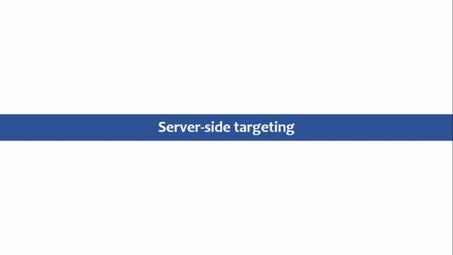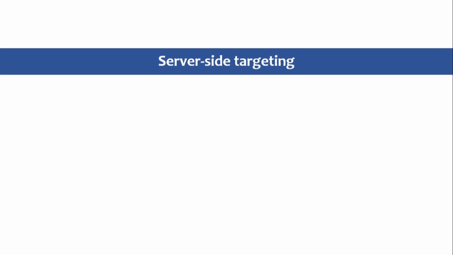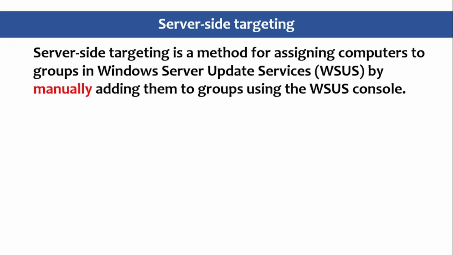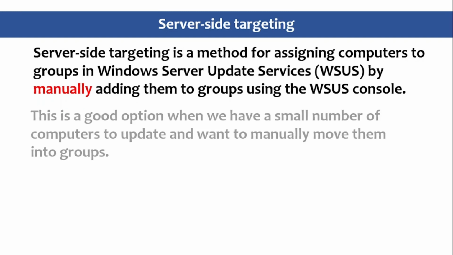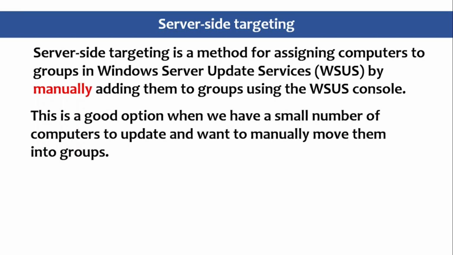So let's understand server-side targeting. Server-side targeting is a method of assigning computers to groups in WSUS by manually adding them to groups using the WSUS console. Now this is a good option when we have a small number of computers to update and want to manually move them into groups.